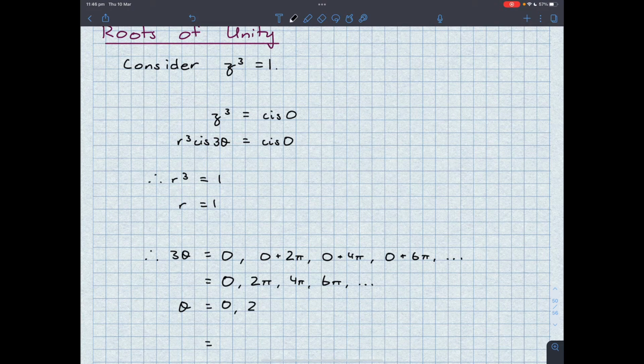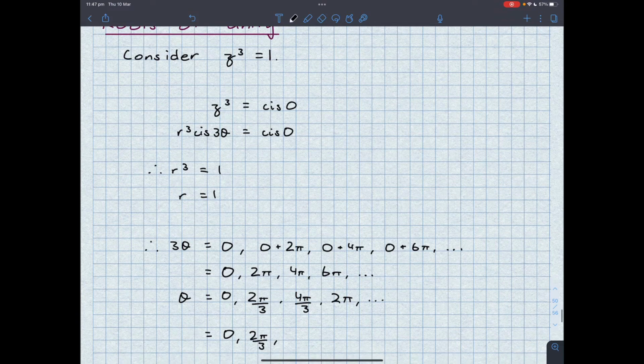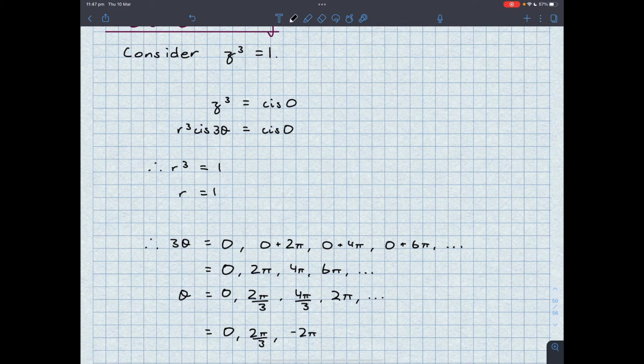I get 0, 2 pi on 3, 4 pi on 3, 2 pi, etc. As principal arguments, that is 0, 2 pi on 3, minus 2 pi on 3, which makes sense because these two should be evenly spaced from 0. And then this is where I get my repetition because 2 pi as a principal argument is 0. So I can stop there and get rid of that one.